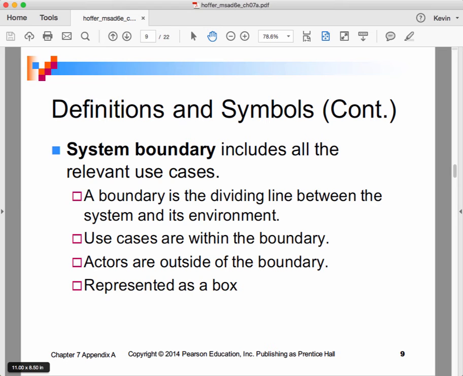Now, I can't emphasize this enough. The system itself is not an actor. Okay? Yeah, we did say that sometimes systems can be actors, but that's not our system. Okay? There are a lot of systems around, and a lot of them interact with each other. So our system is represented in a use case diagram by the sum of the use cases that are inside the boundary box.